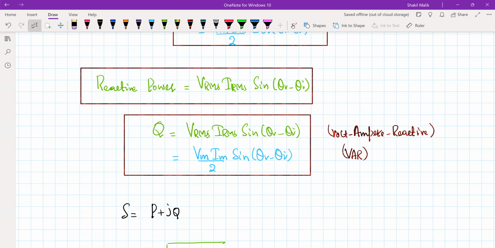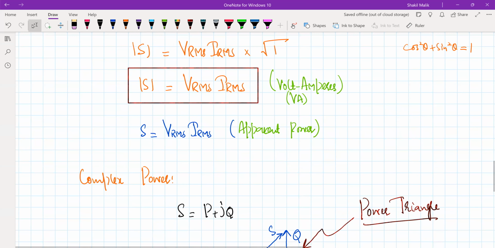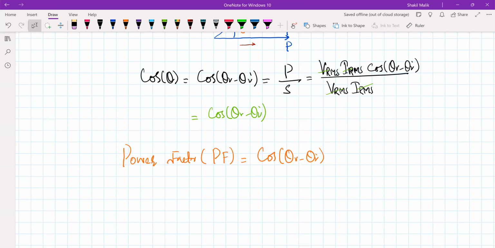And we have defined the real power, reactive power, and apparent power. And we saw the definition of the power factor: the cosine of the phase difference between voltage and current.